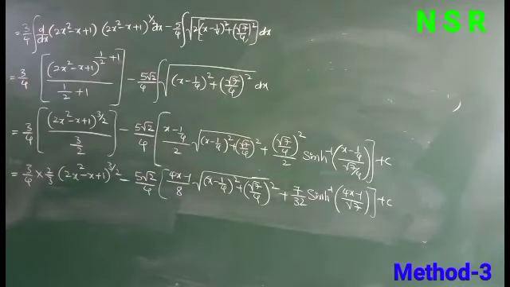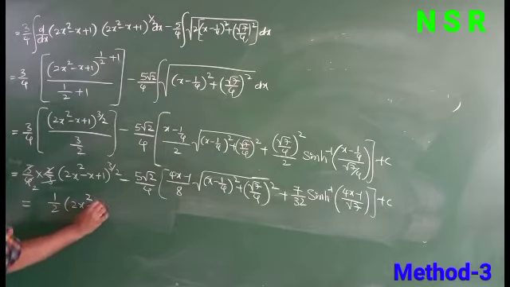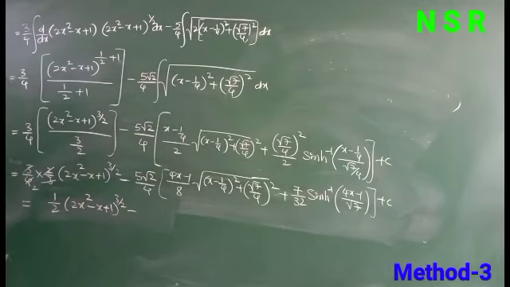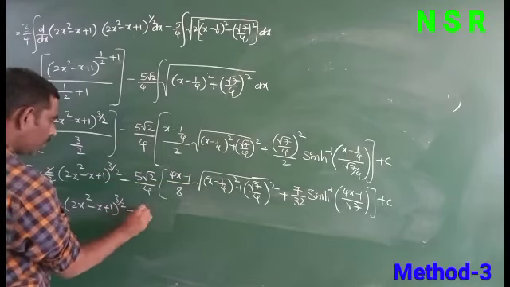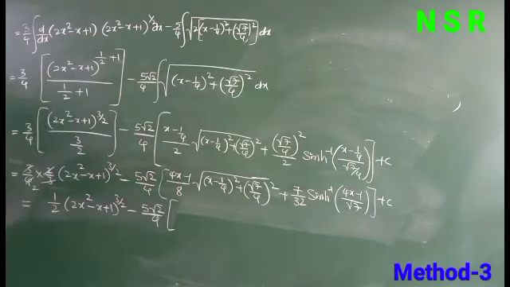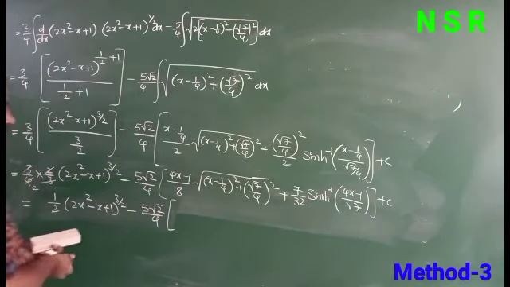So this is our final integral value. If you want to simplify it, cancel here, 3 cancels. So 2 twos are 4, we get 1 by 2 into (2x square minus x plus 1) to the power 3 by 2, minus 5 root 2 by 4. If you want to multiply this one, multiply it, otherwise write it as it is.